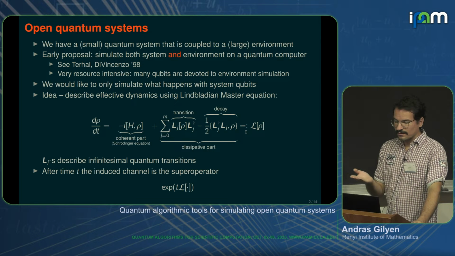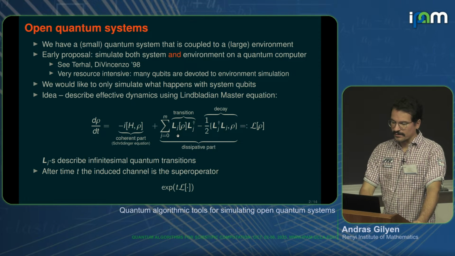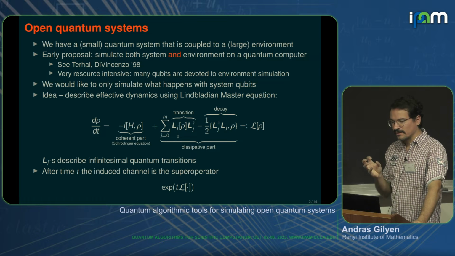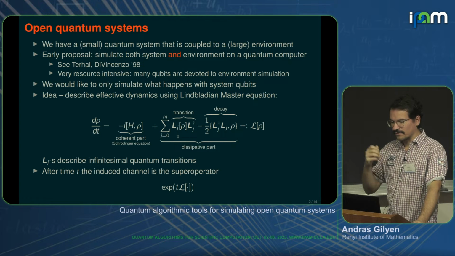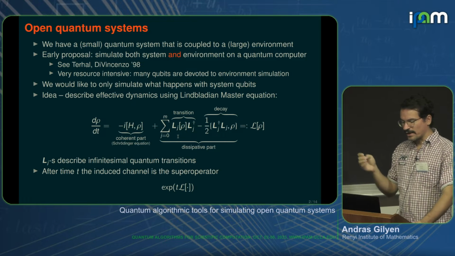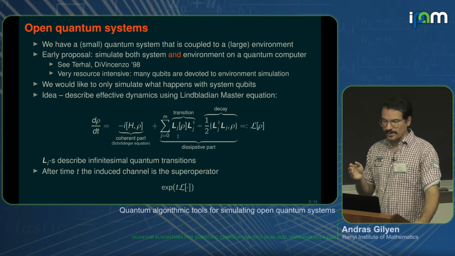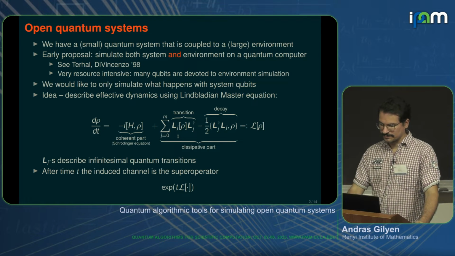And the good thing is that nothing about the environment appears explicitly. These jump operators are implied by the way your subsystem interacts with your environment. So all the effects of the environment are compressed down to these Lindblad operators and this Lindbladian in general.